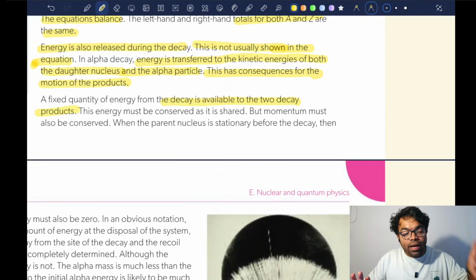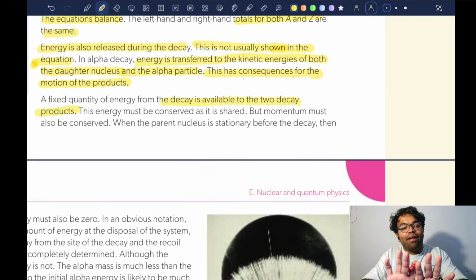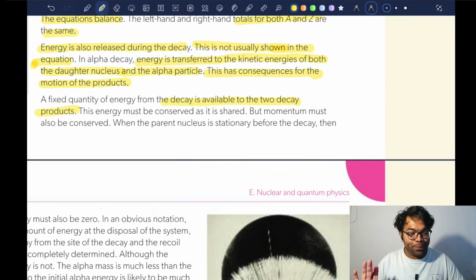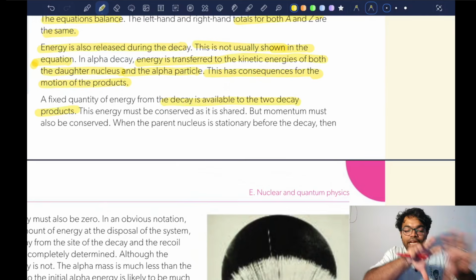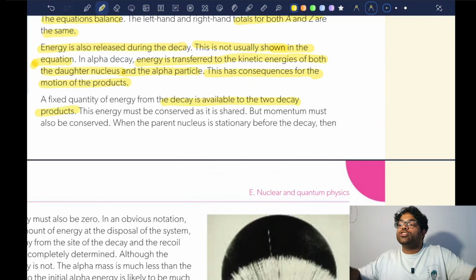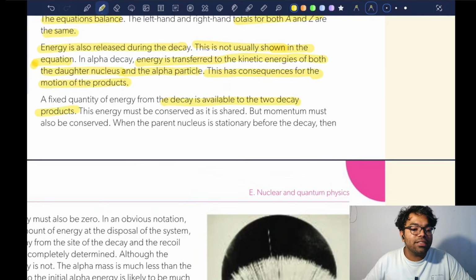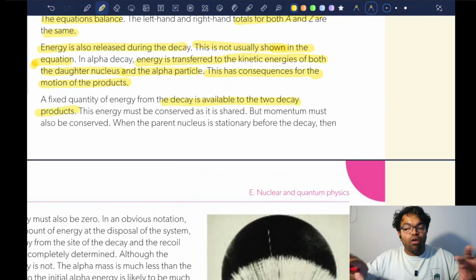Otherwise, break does not make any sense, right? So the energy that was present in the parent atom has now been delivered to these daughter elements. Thus, with this energy they are going to propel forward.